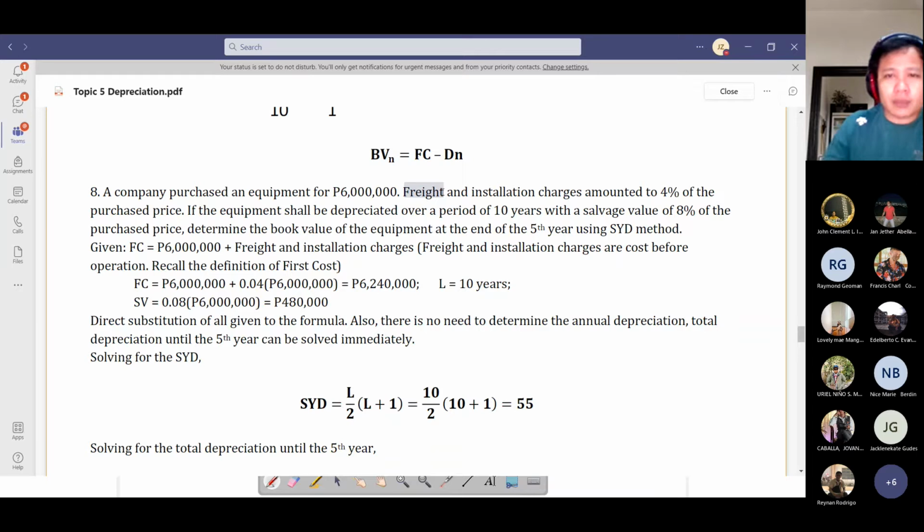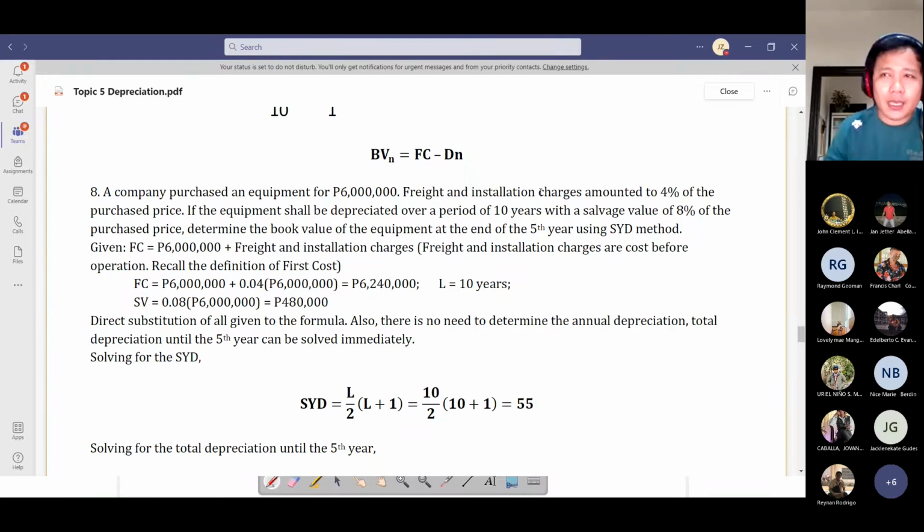Okay? And more so the word installation. Installation is technically before operation, you install first. Right? So since installation is before operation, therefore installation is part of the first cost.